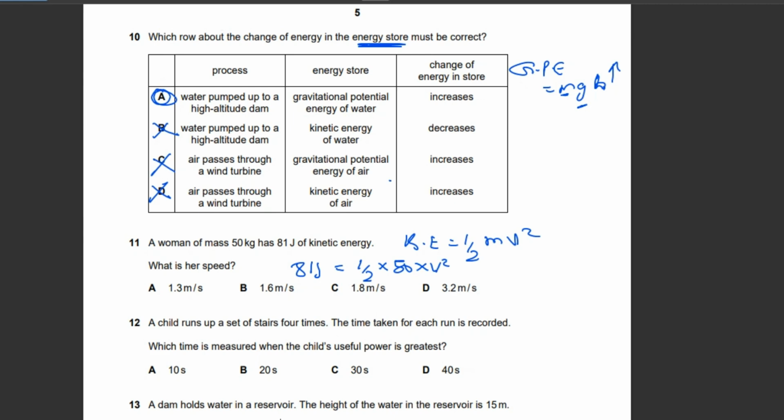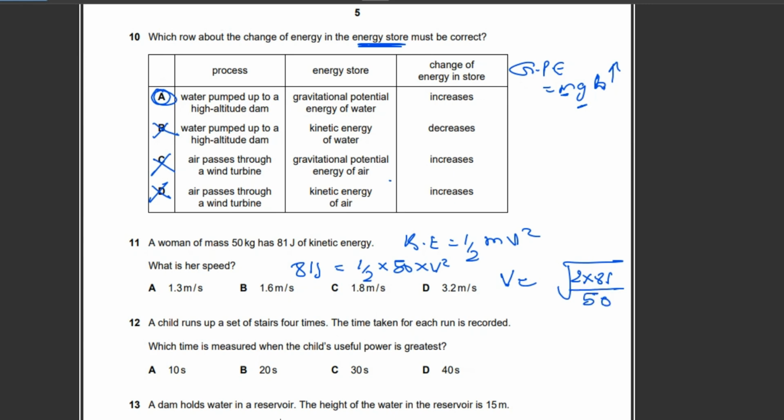So at the end of the day, we are going to have v equal to square root of 2 multiplied by 81 divided by 50. And that will give us 1.8 meters per second. So the answer is C.